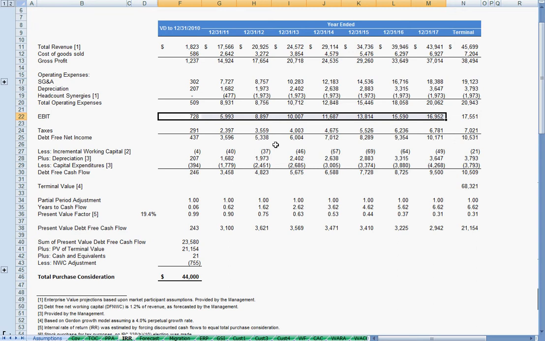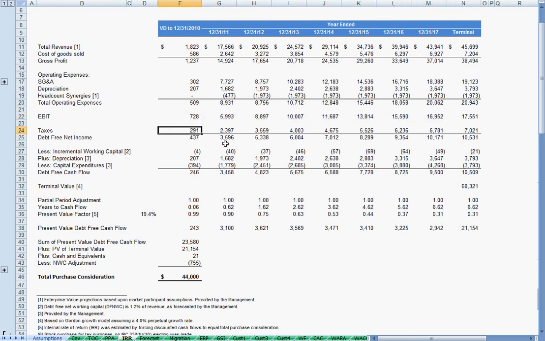But the EBIT line, less taxes, depending on where the transaction is at, most of the acquirers are based in the US, and so their tax rate is typically assumed to be the statutory 40%. There are obviously situations where a client provides the explicit tax expense forecast, and then that number is used.